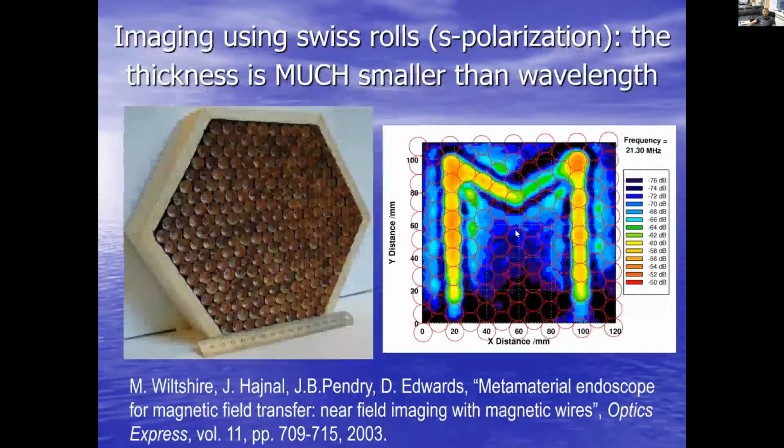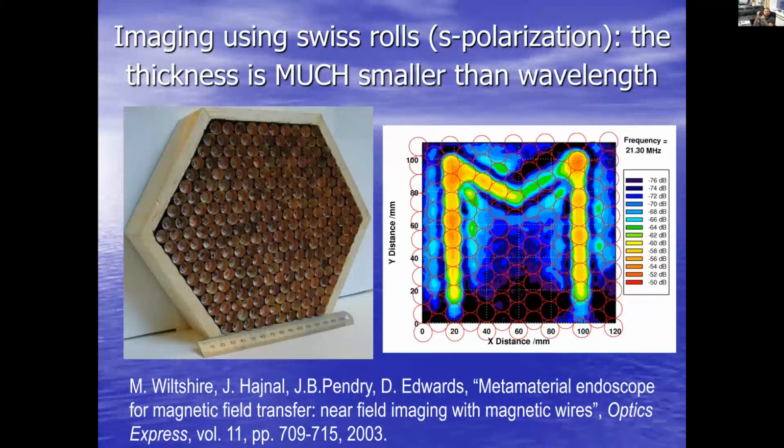And we have seen in 2003 a similar approach for another polarization, S polarization. People tried to create kind of magnetic wires, a very good idea. But these magnetic wires, made by Mike Wiltshire at Imperial College, next door in London, like two subway stations from Queen Mary, had a problem: these rods had enormous losses.